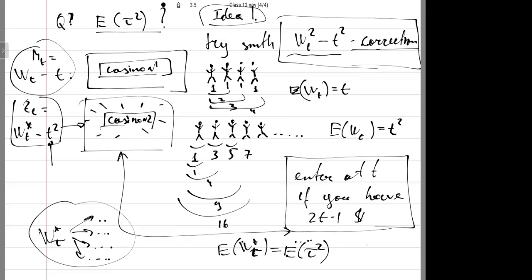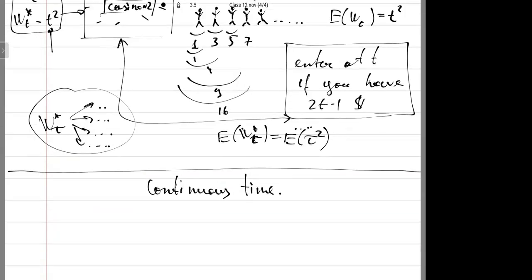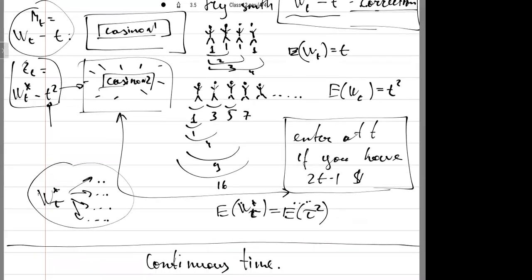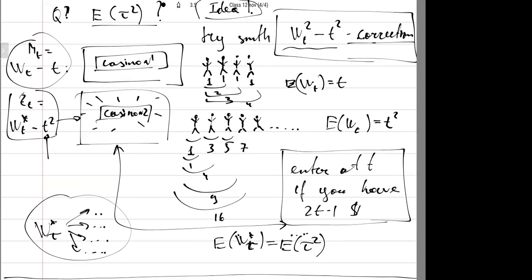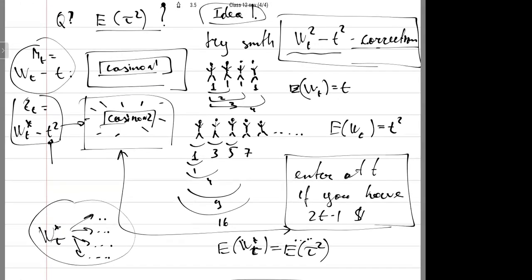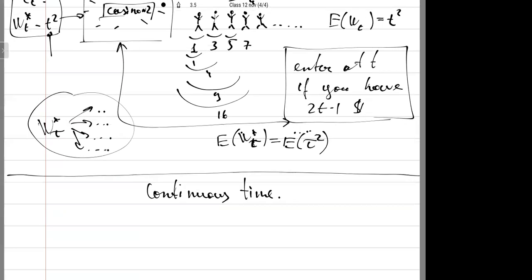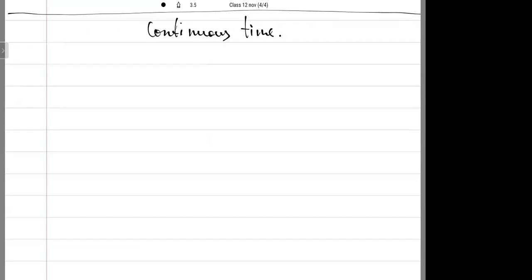So just try to finish it. Any questions? If there are questions, I will try to answer them. If there are no questions, I will move to continuous time. It seems clear. Okay, so let's move on to continuous time.